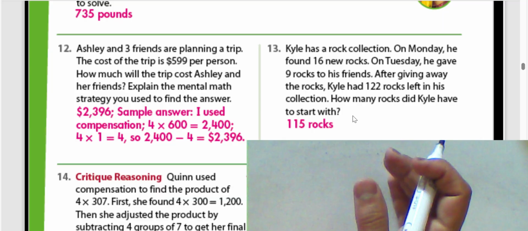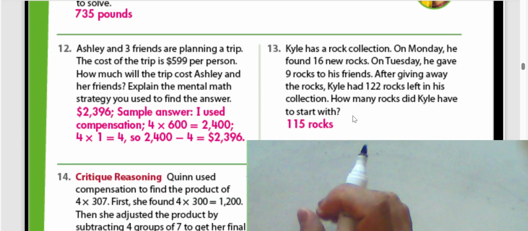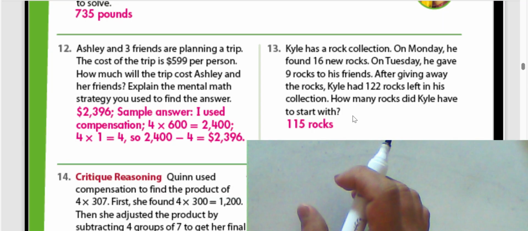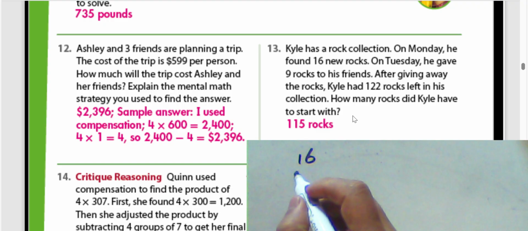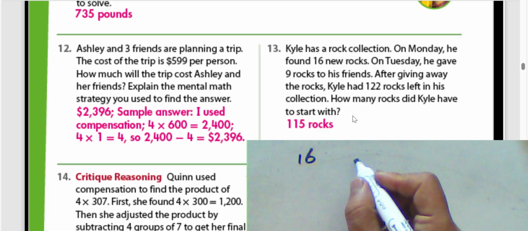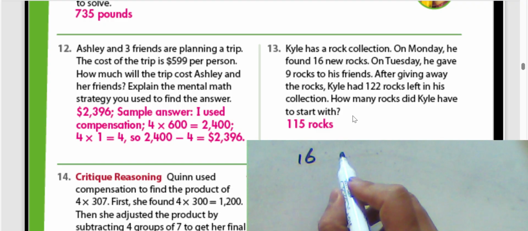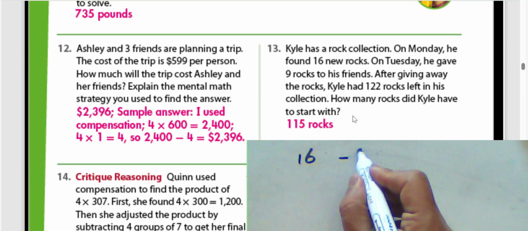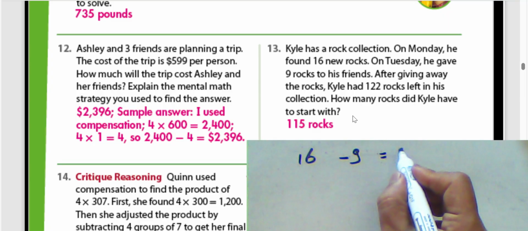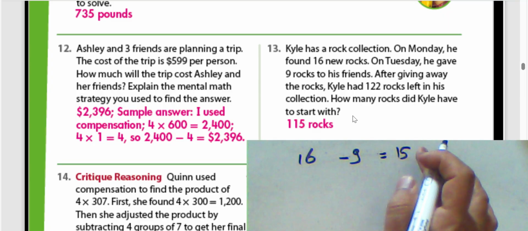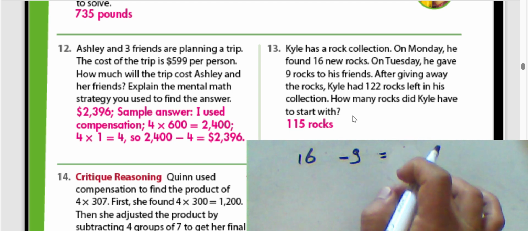Okay, Monday, Kelly has a rock collection. On Monday, he collected 16 new rocks. On Tuesday, he gave 9 rocks, subtract 9. So 16 minus 9 equals 5, okay?